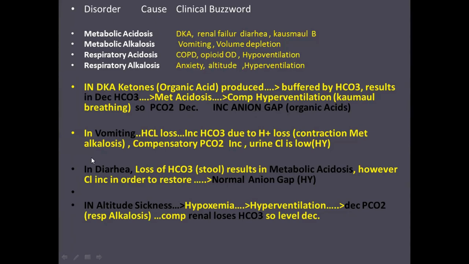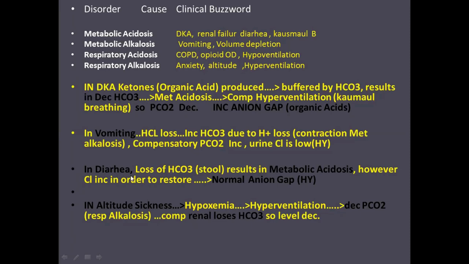And I will explain what happens in diarrhea. In diarrhea, there is no other exogenous source of any acid in your body. The main pathology is that your bicarbonate is getting lost. That loss of bicarbonate results in metabolic acidosis. However, chloride increases in order to restore that loss of bicarbonate.